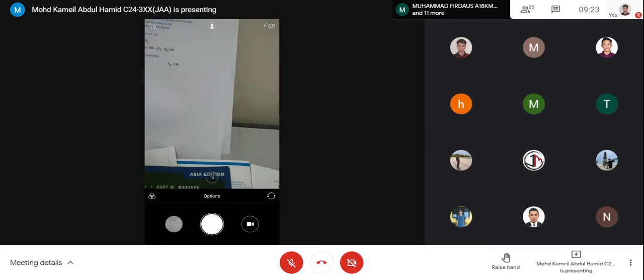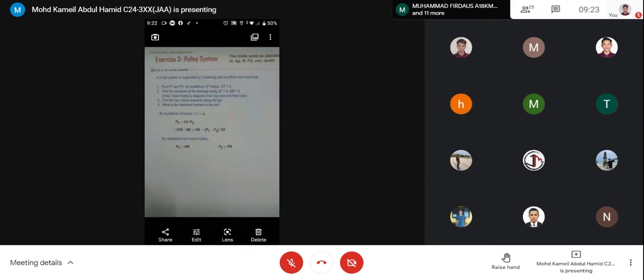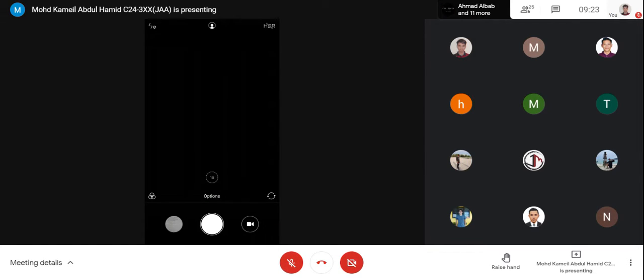So from that equation you can get P1 is 440, P2 is 176. Okay, and then apa lagi? Okay, once you get that one, okay, nanti saya sharekan dalam group lah.